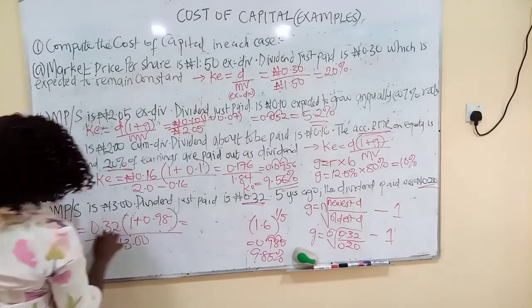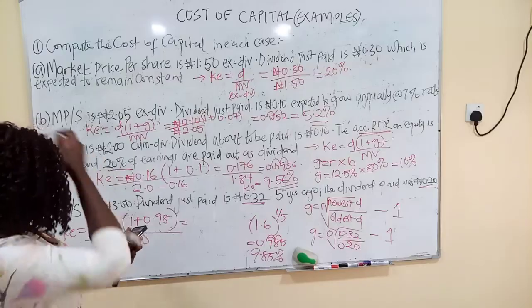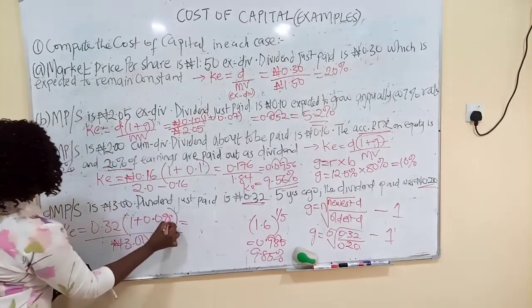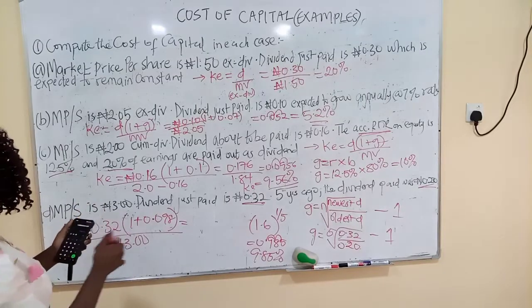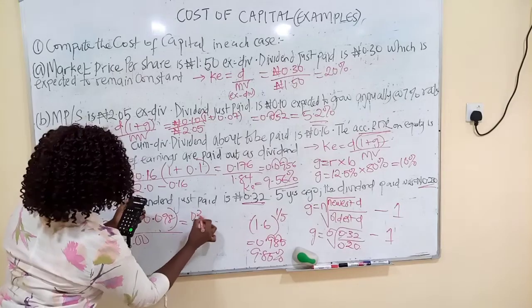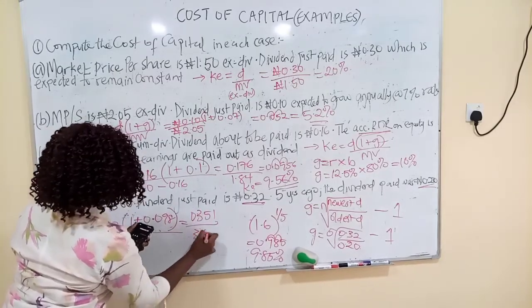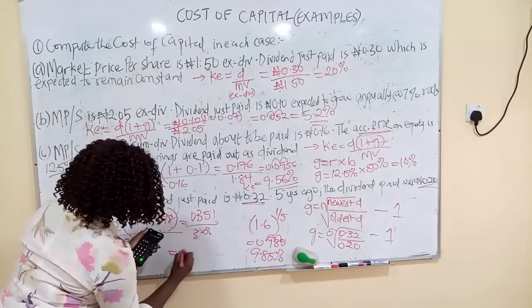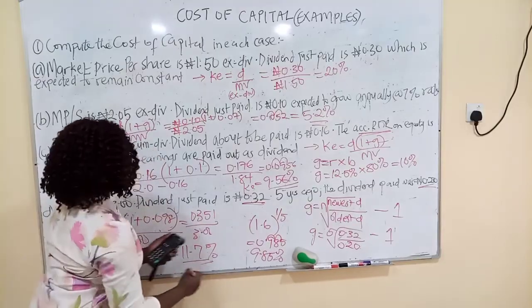So you solve 0.32 times 1.098. That gives you 0.351 divided by 3.00. So that gives you 11.7%. So your cost of equity is 11.7%.